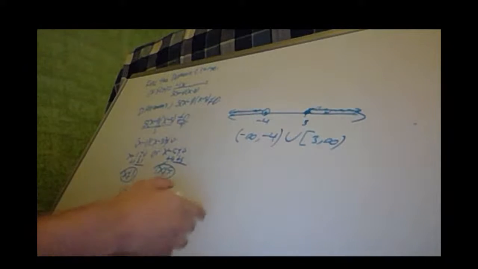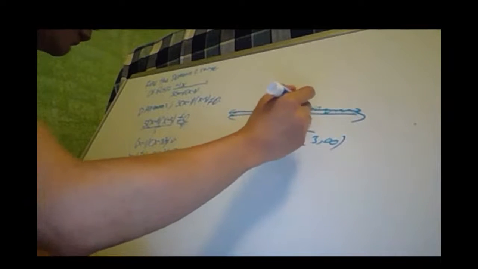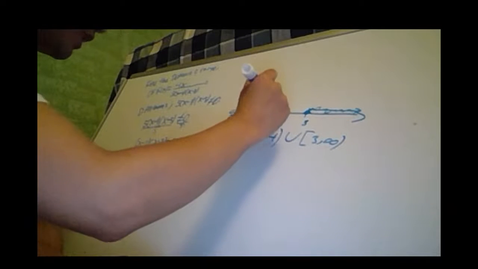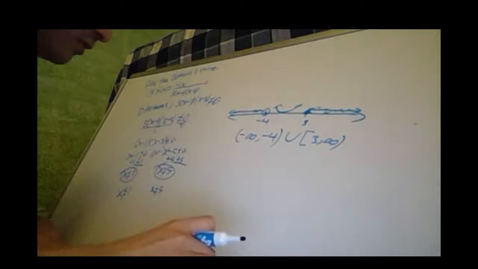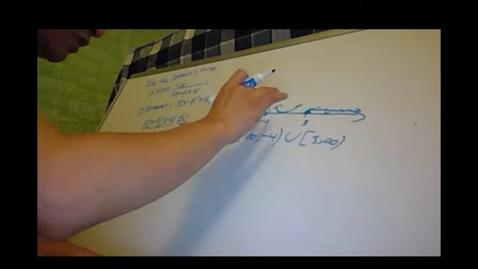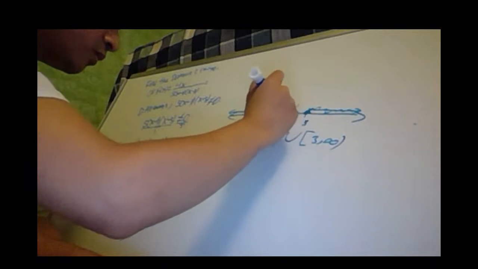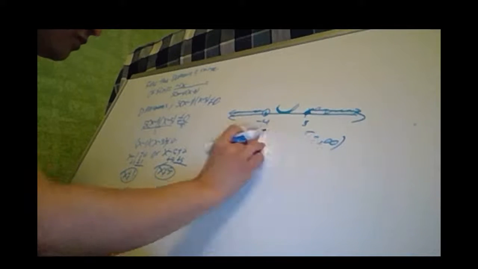Okay, this would be the domain. This would be the interval. The union just means that it's joining another interval, which is from 3 to infinity. Think of the union as going like that. It's not a parabola; it's a union. The union just means we are joining two intervals together.